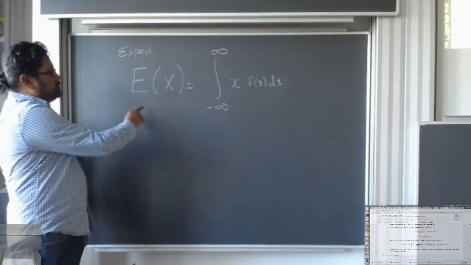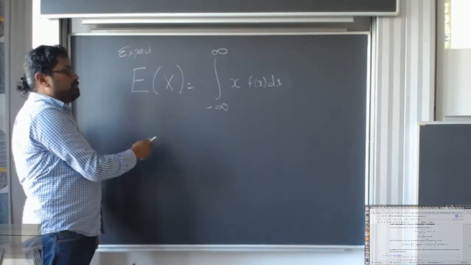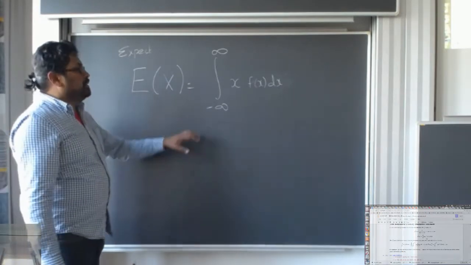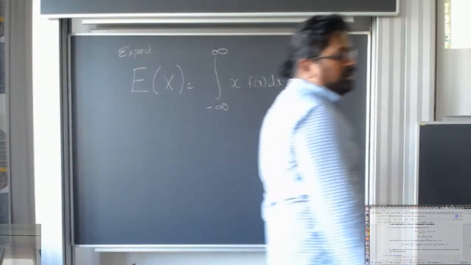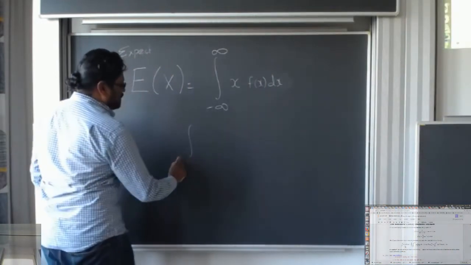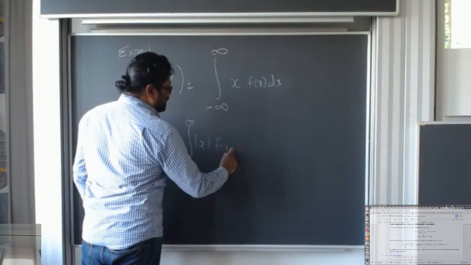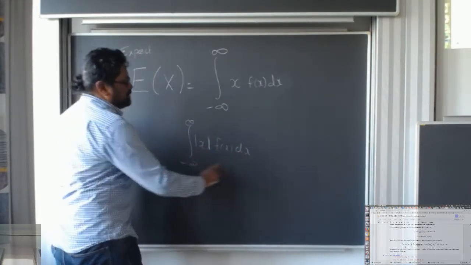Okay, so what do we say when we say the expectation does not exist? When we try to evaluate this integral, we run into problems. We run into various forms. So in this case, this is what happens. We have to take the integral of the absolute value of x and make sure that this is finite.